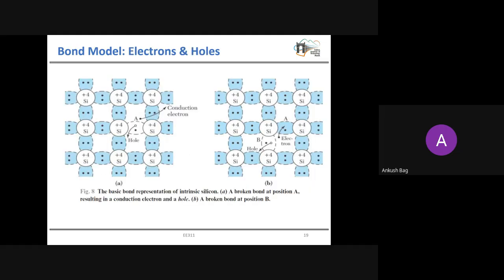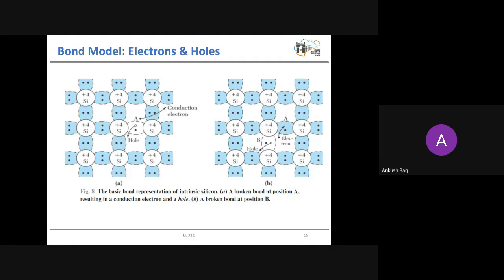Just this is again, I think you know, in case of silicon, we have this kind of 2-dimensional representation of silicon crystal, where one particular silicon atom is surrounded by 4 other atoms, and the 4 outermost electrons of any particular silicon atom are forming covalent bonds with the neighboring silicon atoms.